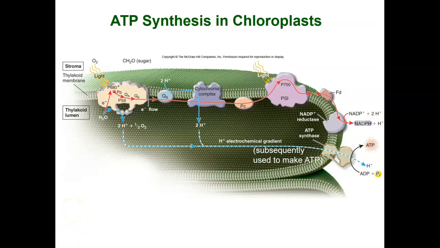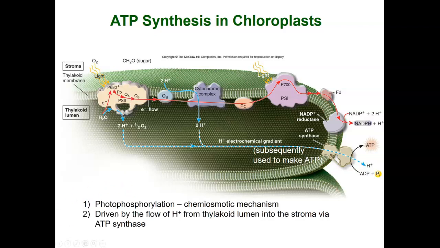So if you were asked how is ATP synthesized in chloroplasts, previously we've already talked about substrate level phosphorylation and we have also talked about oxidative phosphorylation, but this really is neither of those. We call this process photophosphorylation, and that is because if you really look at the water, what's happening to the water? Is it oxidized or is it reduced? The water itself is actually oxidized. It's losing an electron.